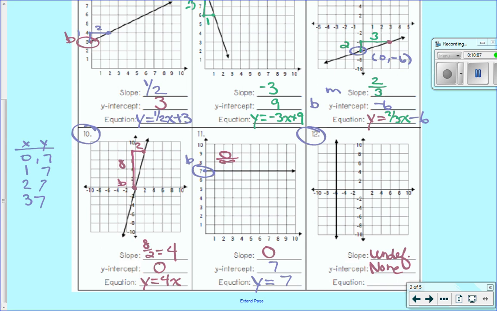Now the equation part. Let's just make a table of our x and y values, and we have what? Is that (0, -6)? Would you agree? I'm sorry, I wrote that backwards. It's (-6, 0), right?